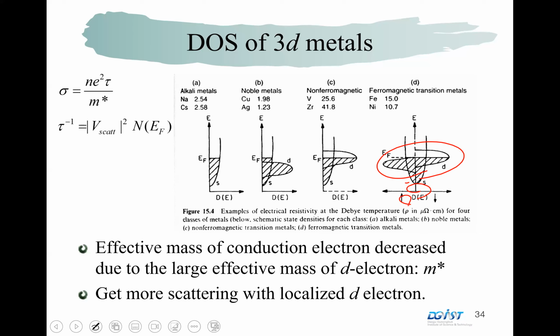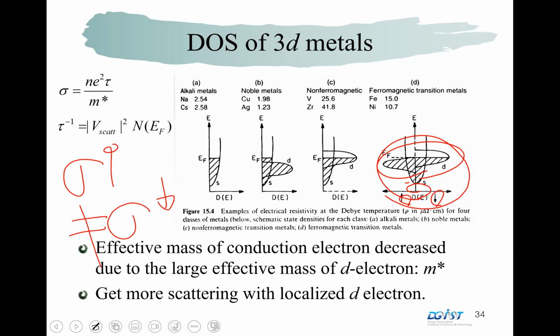Because we have an unbalanced number of electrons for spin up and spin down, we have a net spin in a material. If the numbers of spin up and spin down are the same, then they cancel out. There's no net magnetization. Okay. And one more important thing: based on this idea, you can easily imagine the conductivity for spin up and the conductivity for spin down cannot be the same, because all these material parameters are different, right?